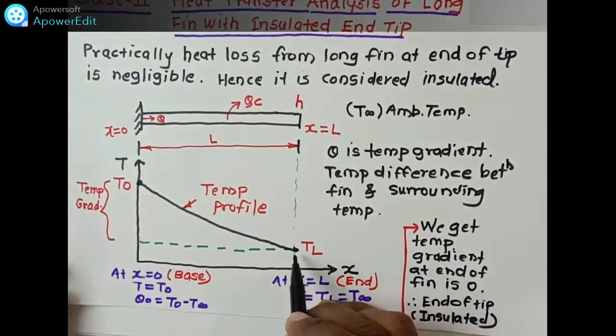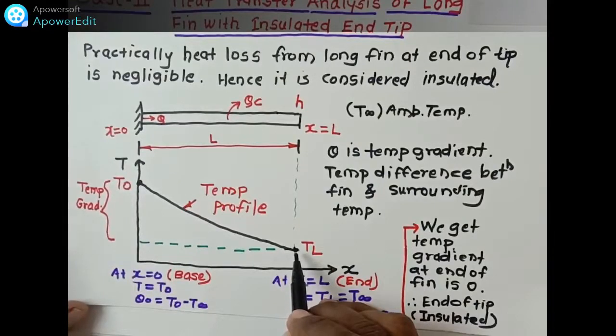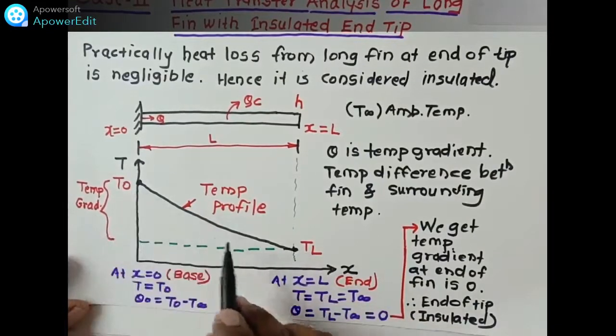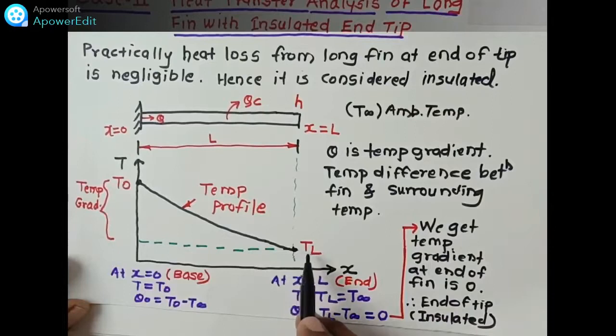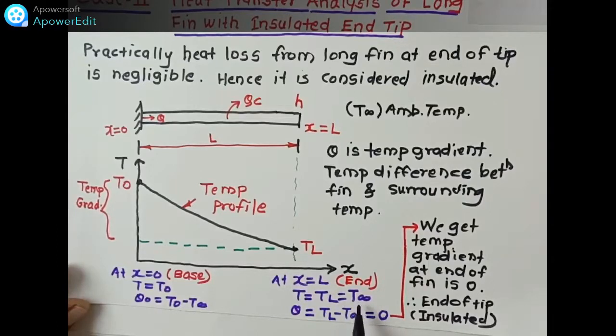Now at the end, the temperature is reducing in such a way that from T0 to TL at the end of the fin, this TL is going near to T infinity. It tends to T infinity, means the temperature of the surrounding.